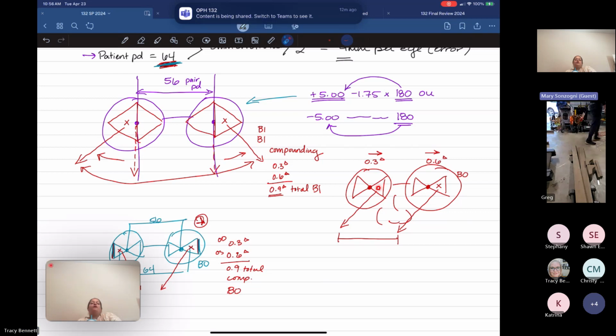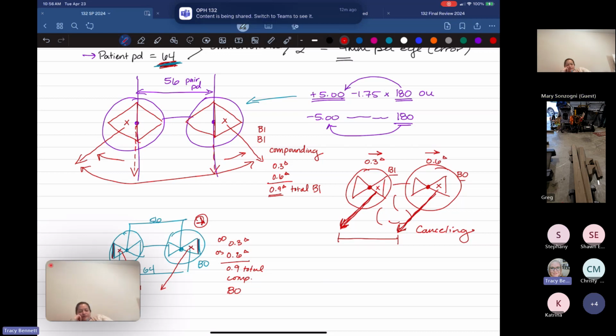Oh, base in. Yeah, that eye is experiencing base in prism. So we've got base in and base out. And what ends up happening is this eye goes this way and this eye goes in the same direction. So that's why these would be considered canceling. Yeah, I forget about the nose being there. Okay. Yeah, it would be base in, and base out.